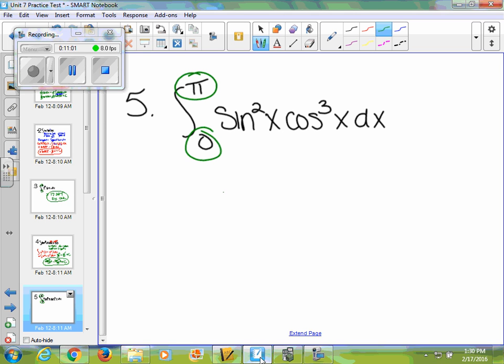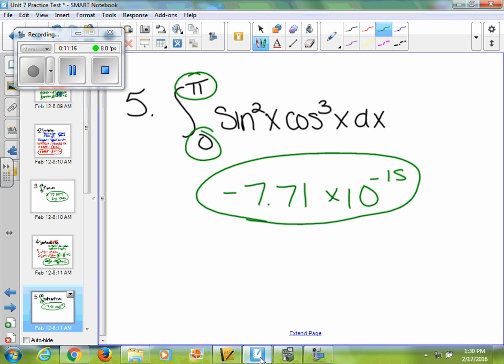So in this case, then we would put negative 7.71 times 10 to the negative 15, because E just stands for times 10 to the negative 15. So you put that instead of putting 15 or 14 zeros, because that would be a lot of zeros. You can just write it like that.